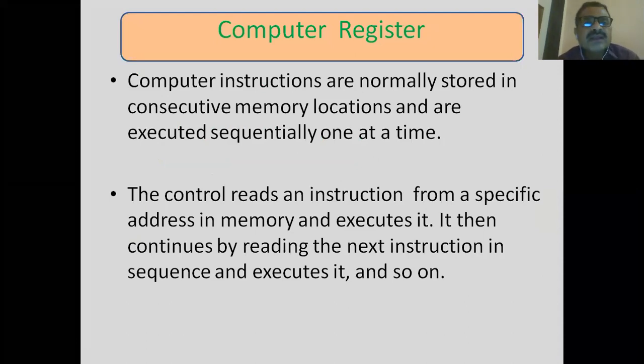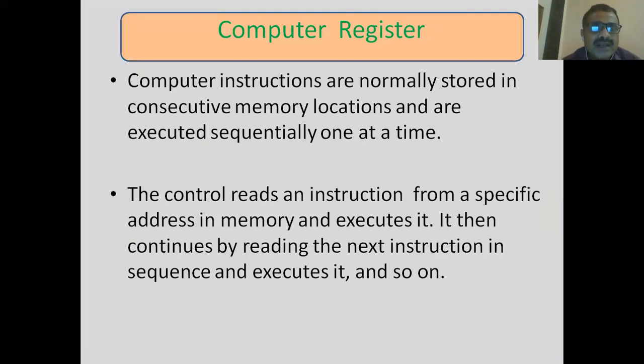Dear students, as all of you know, the computer instructions are normally stored in consecutive memory locations. And these computer instructions are executed one at a time in a sequential manner, that is one by one.